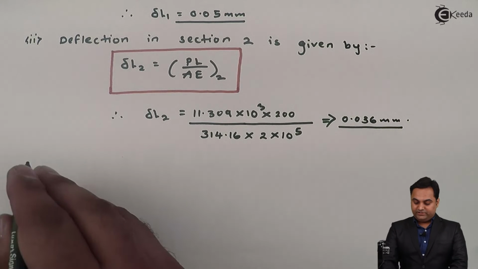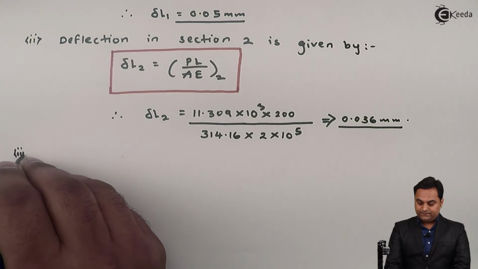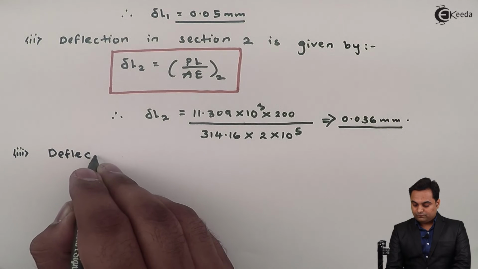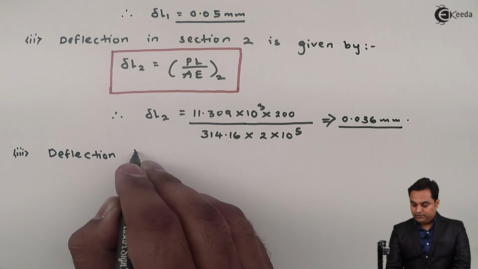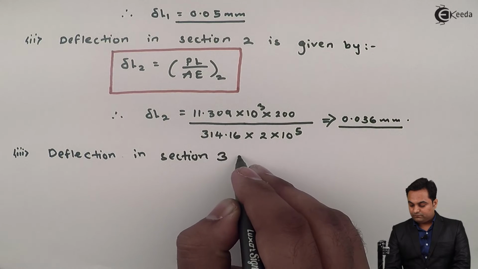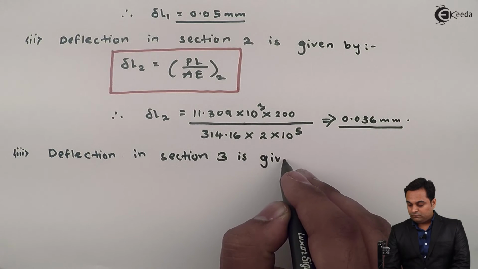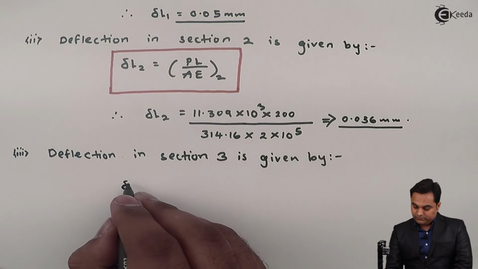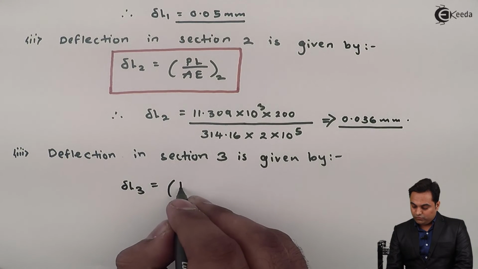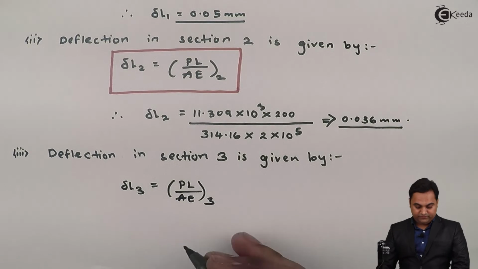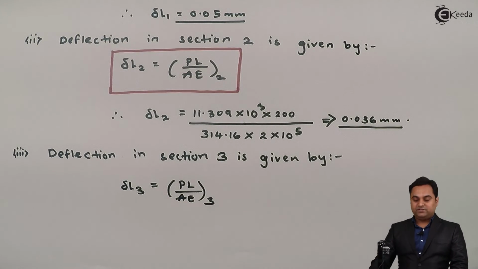After getting the deflection in the second section, next I'll write down deflection in section 3 is given by delta L3 is equal to PL upon AE. Since we are finding for the third section, I am adding suffix 3 here.